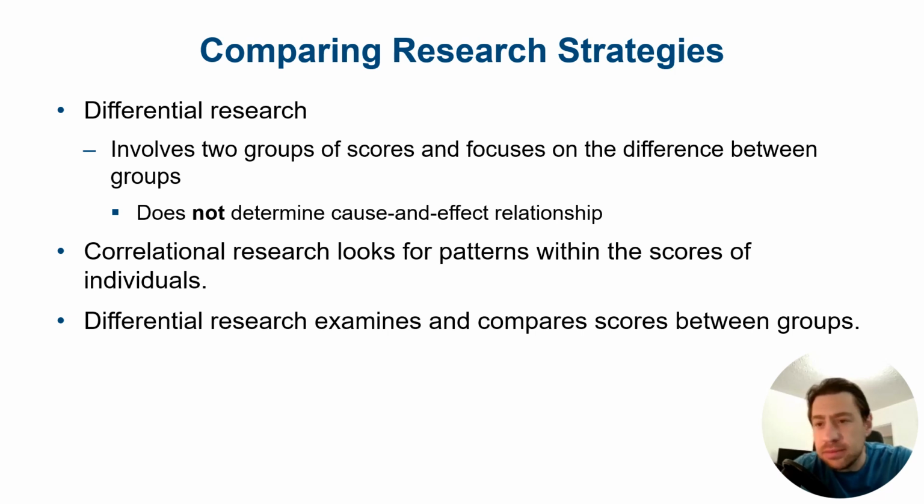For example, imagine a study that divides students into high and low self-esteem groups and then measures academic performance to see if there's a difference between these groups. That would be an example of differential research.